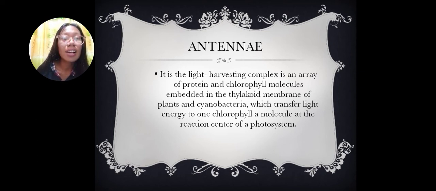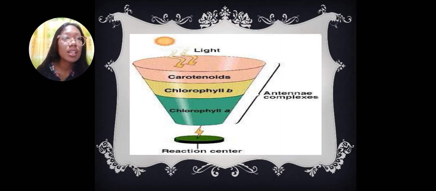It is an array of protein and chlorophyll molecules embedded in the thylakoid membrane of plants and cyanobacteria, which transfer light energy to one chlorophyll a molecule at the reaction center of the photosystem. These antenna complexes are pigments with the primary function of capturing the energy from photons and transferring that energy to other pigments within the photosystem.